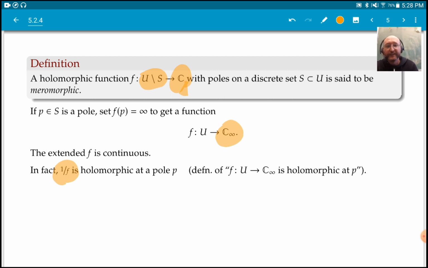So then 1 over f is actually a holomorphic function near P, at P even, in a whole neighborhood of P. So that's what we could use as a definition of what it means for f, this extended guy, to be holomorphic at P. If f of P is infinity, we would just mean that 1 over f is holomorphic.